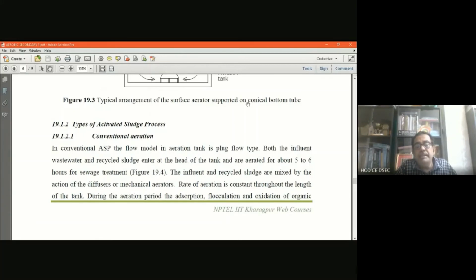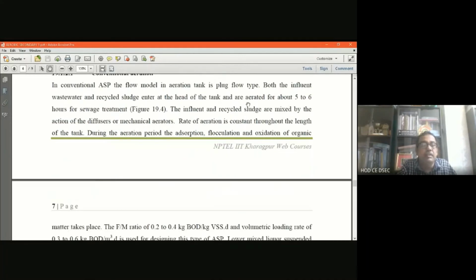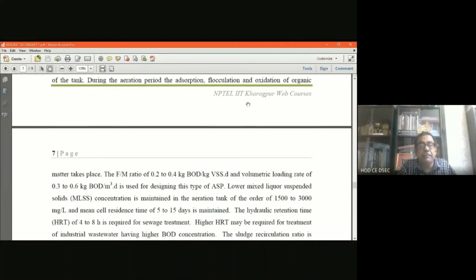The influent and recycled sludge are mixed by the action of the diffusers or mechanical aerators. The rate of aeration is constant throughout the length of the tank, and during the aeration period, the absorption and oxidation of organic matter takes place.